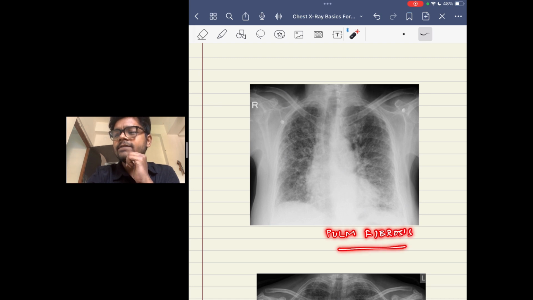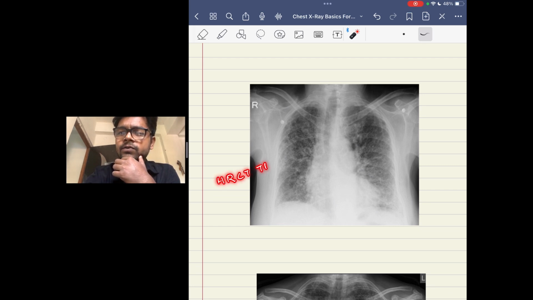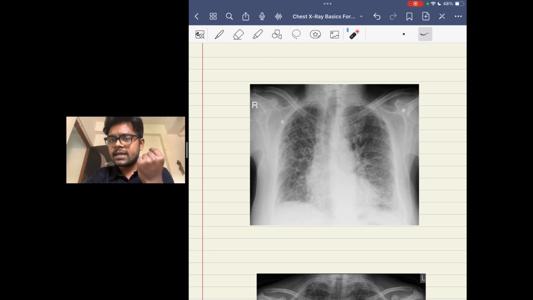Because these findings of interstitial opacity are better appreciated on HRCT of the thorax. It is not well characterized on the X-ray, because a reticular opacity can not only be fibrosis, it can be edema, it can be lymphatic obstruction, it can be many other things, because in the interstitium there is not only your fibrous tissue, there are veins, there are your lymphatics, everything is there in your interstitium.